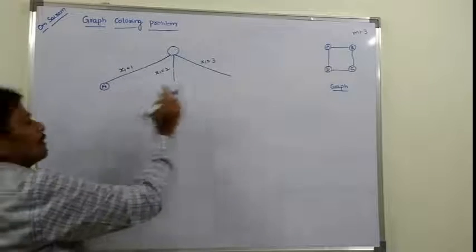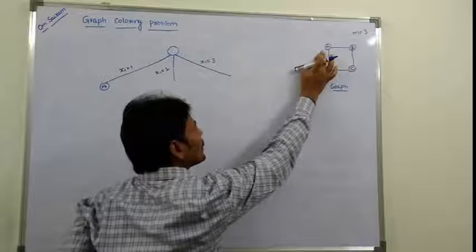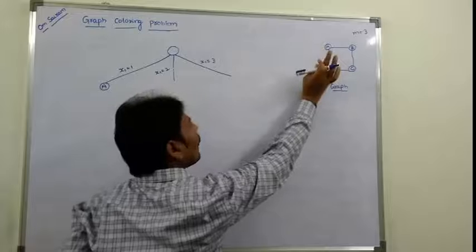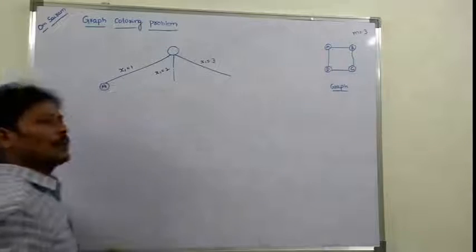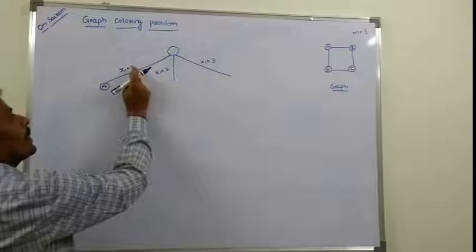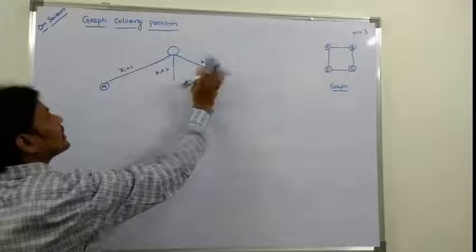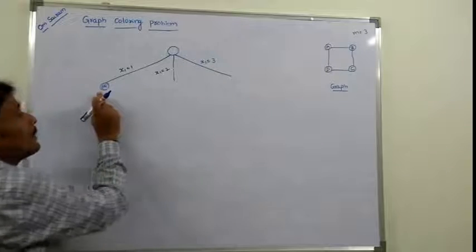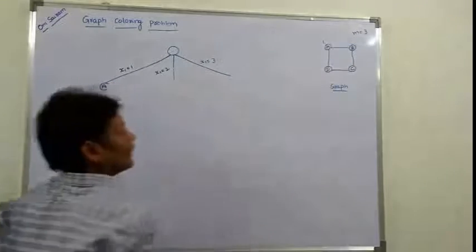For vertex A, the first color may be used, or the second color, or the third color. Suppose for vertex A, we are using the first color.